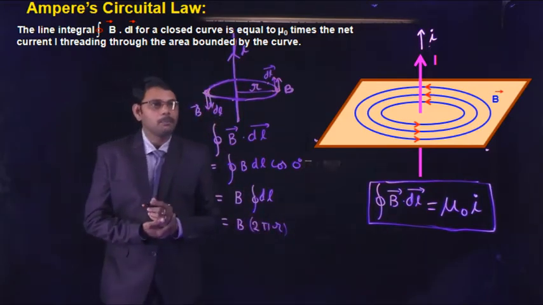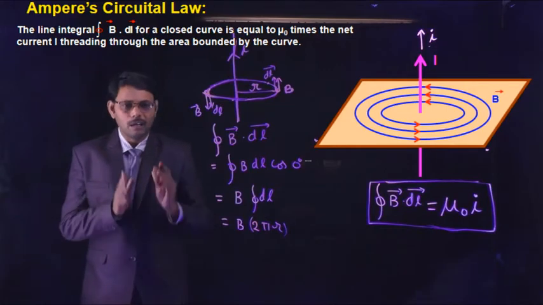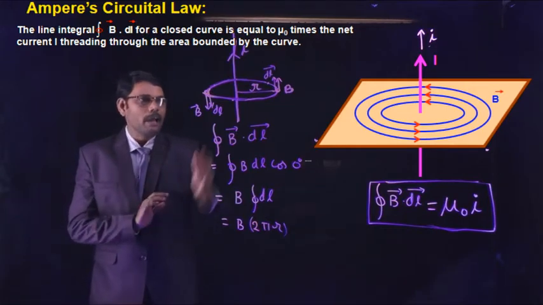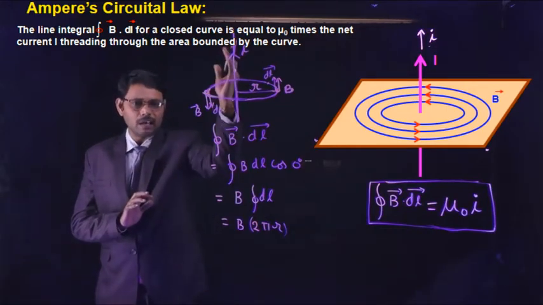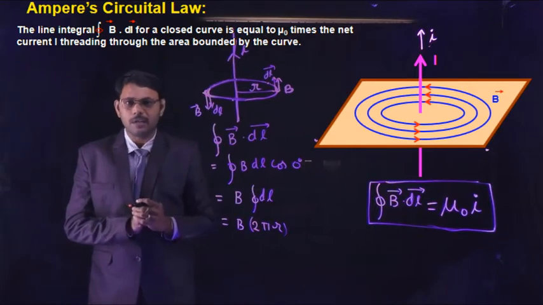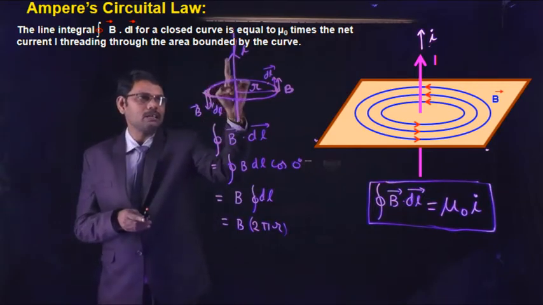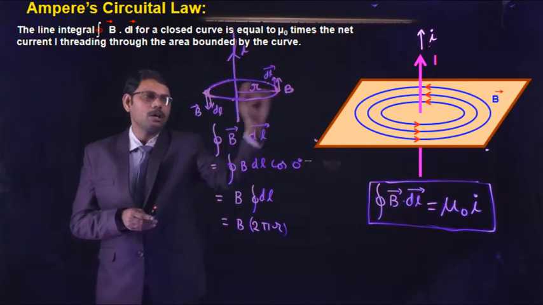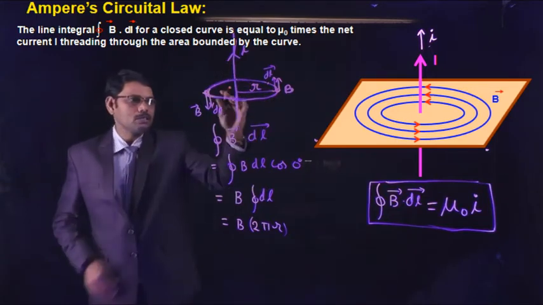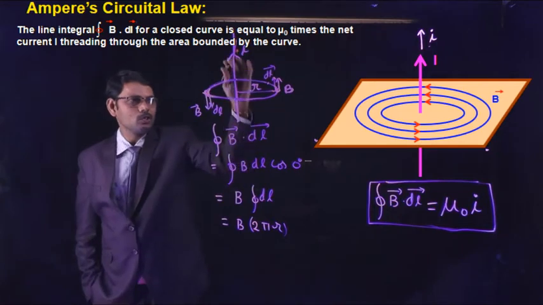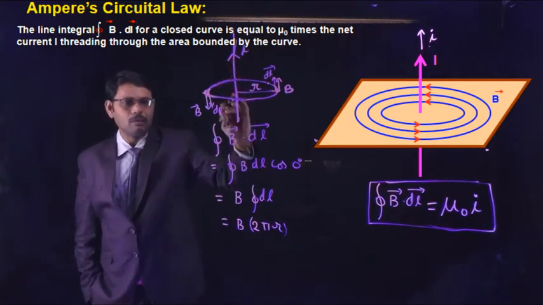In previous sessions, we calculated the magnetic field due to a straight current carrying wire, using Biot-Savart's law, at distance r. We assumed a straight and long current carrying wire.